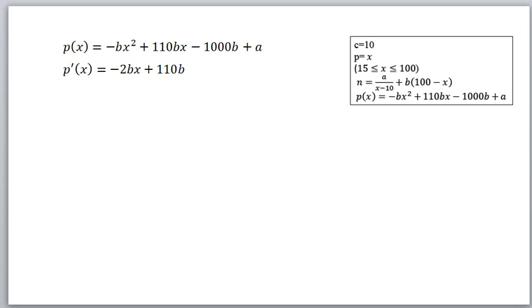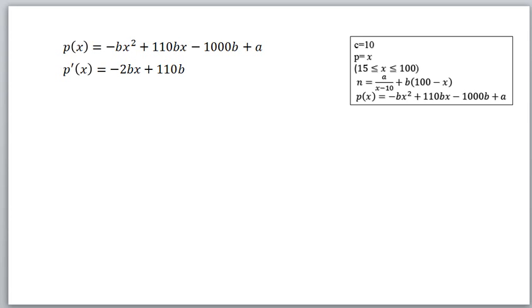P dash of x stands for the derivative of P of X. The derivative of this equation is as follows. Minus bx squared becomes minus 2bx, as we bring the power on the x down in front of the coefficient and multiply it by the coefficient, and reduce the power by 1.